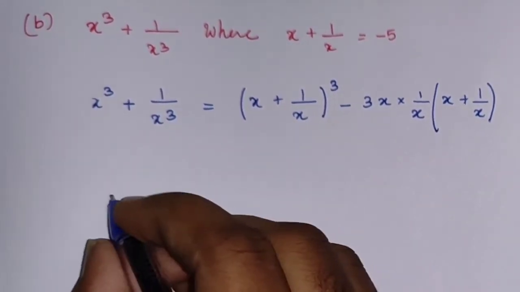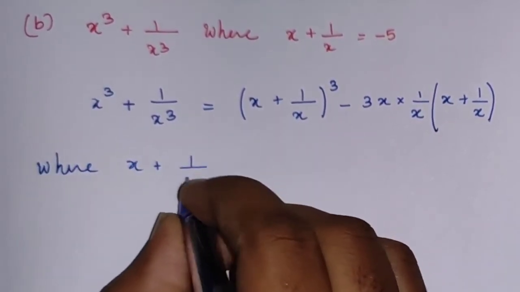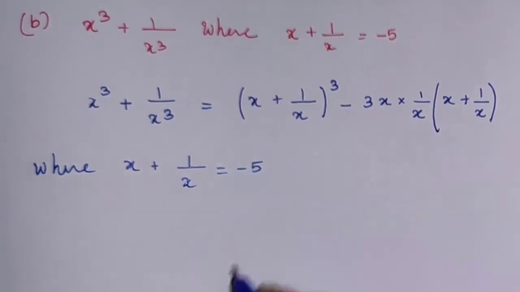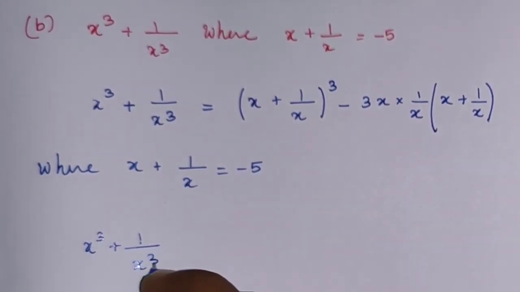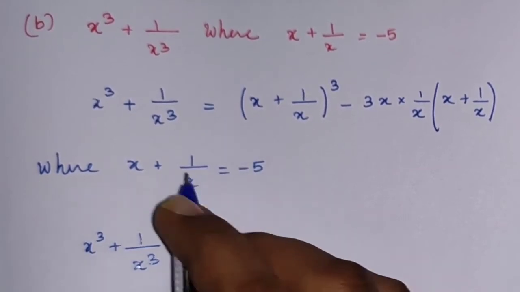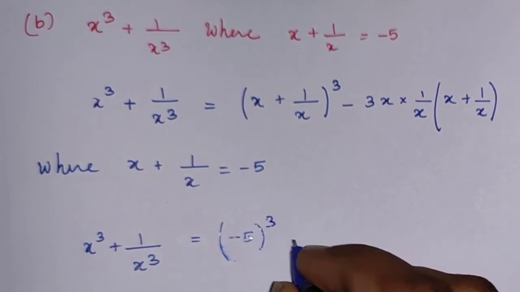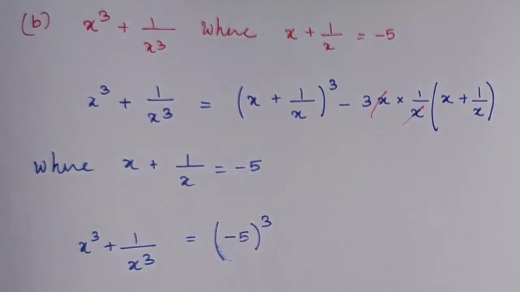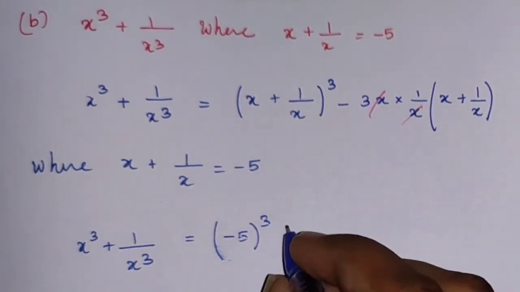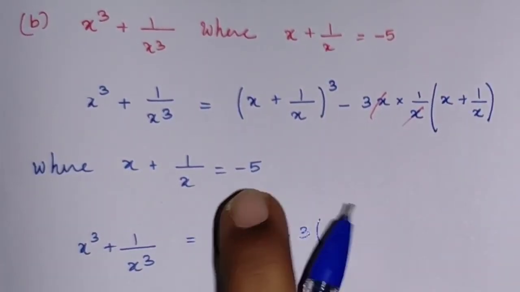So here I am going to substitute where x plus 1 by x is equal to minus 5. So x cube plus 1 by x cube is equal to, x plus 1 by x is equal to minus 5, so minus 5 the whole cube. x and 1 by x will get cancelled. Minus 3 into x plus 1 by x is equal to minus 5.